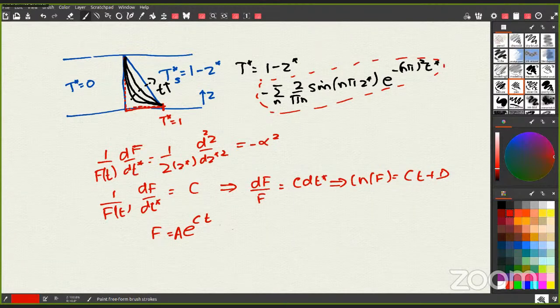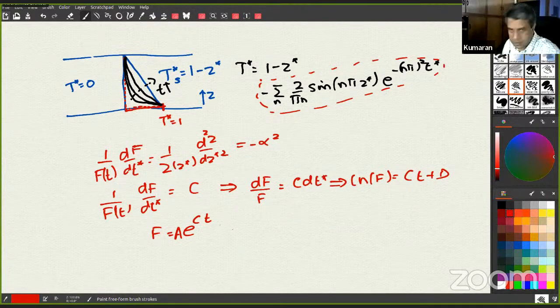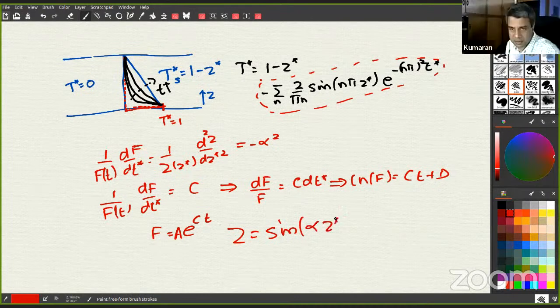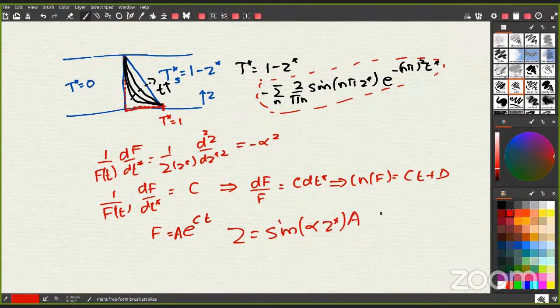But when it was negative, how did we get n pi? Oh, n pi was because the solution that we got was z equal to a sine alpha z, where b was 0.